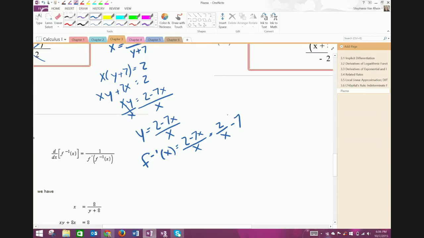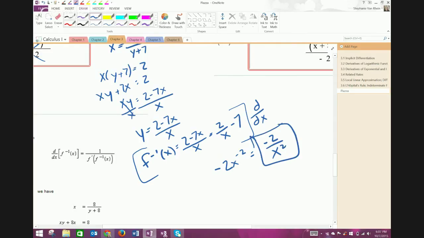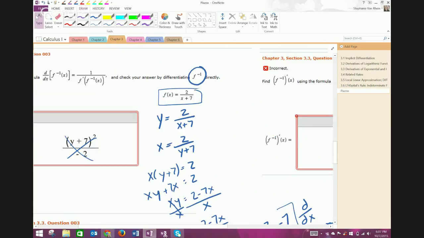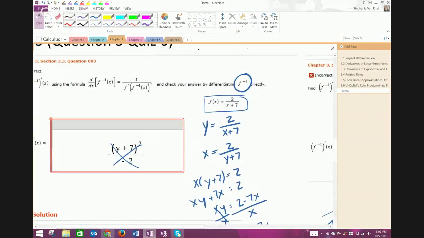So if I differentiate this, I take the derivative with respect to x, I get minus 2x to the minus 2. And I could write that as minus 2 over x squared. So this is the derivative of the inverse by finding the inverse. But it's not always possible to do, so we can use this formula here.